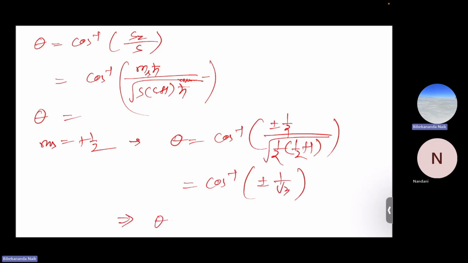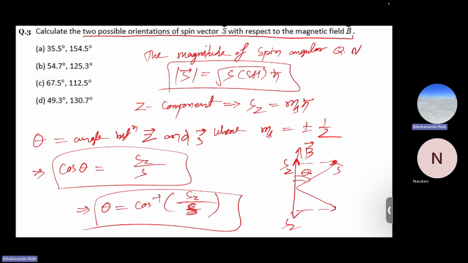So theta will be 54.7 degrees and 125.3 degrees. So the correct option will be option B, 54.7 degrees and 125.3 degrees.